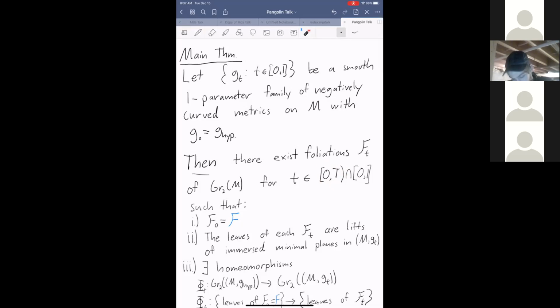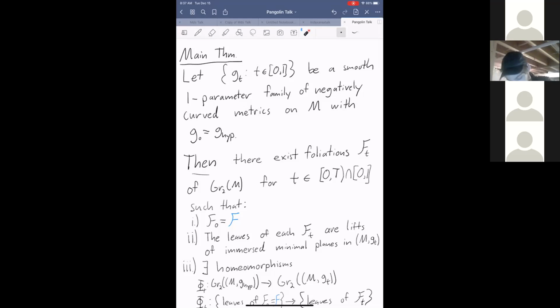And instead of the leaves of each F sub t coming from lifting totally geodesic surfaces inside M to the Grassmann bundle of tangent two-planes, they're going to come from lifting minimal surfaces in M. So we construct these minimal planes inside M, at each point take their tangent plane, and lift that to Gr2(M), which gives us a surface in Gr2(M). All these surfaces piece together to form a foliation of Gr2(M).